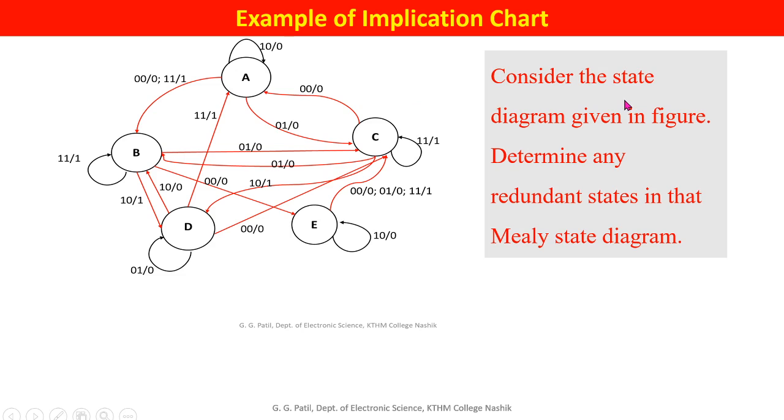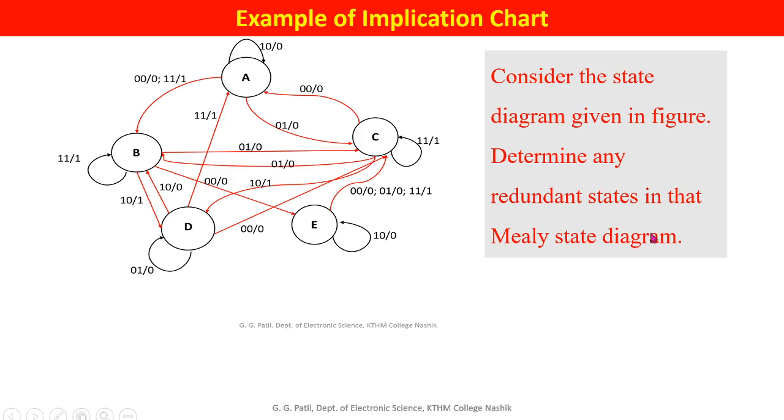That is, we have to reduce the number of states in that state machine and implement it again. So the problem is: consider the state diagram given in the figure, determine any redundant states in the state diagram, and in this we have to use the implication chart method.